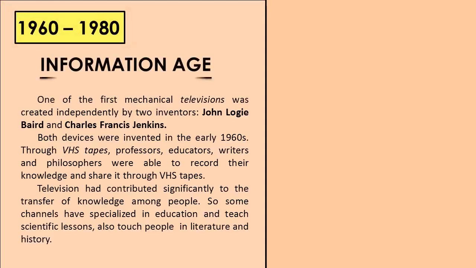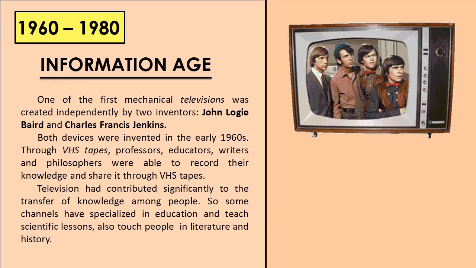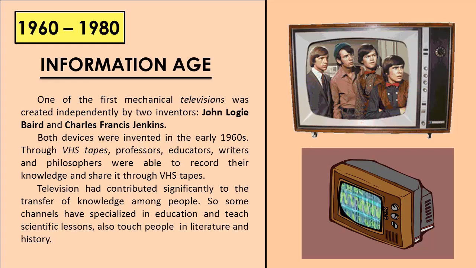1960 to 1980. Information Age. One of the first mechanical televisions was created independently by two inventors, John Logie Baird and Charles Francis Jenkins. Both devices were invented in the early 1960s. Through VHS tapes, professors, educators, writers and philosophers were able to record their knowledge and share it.